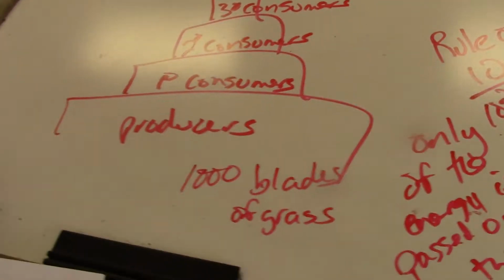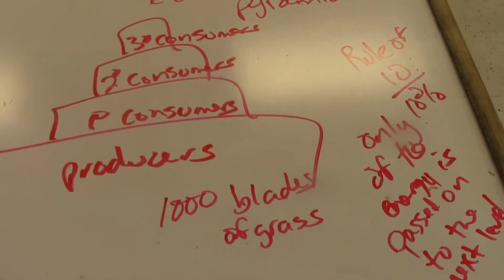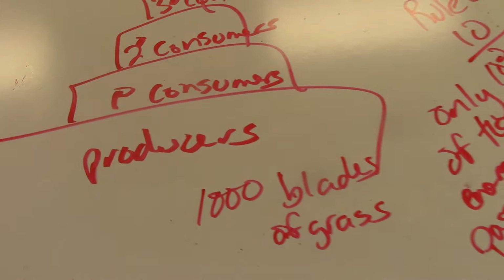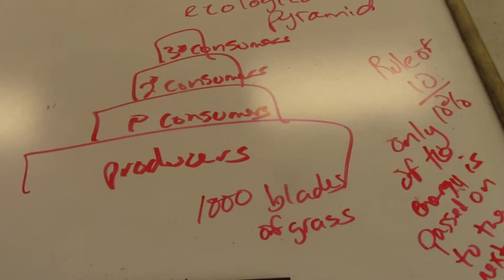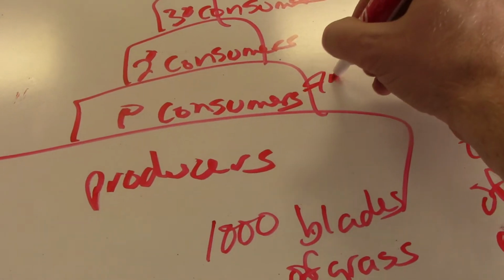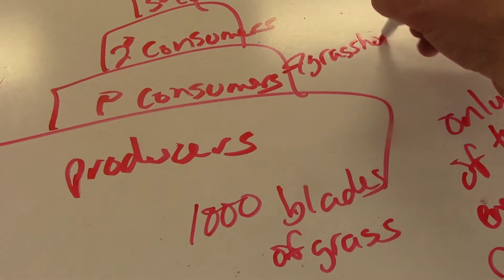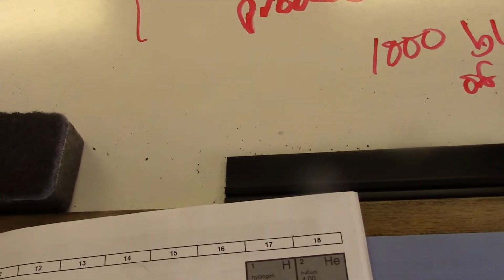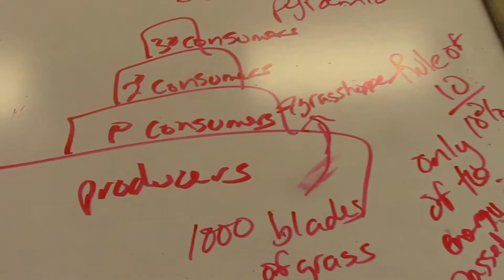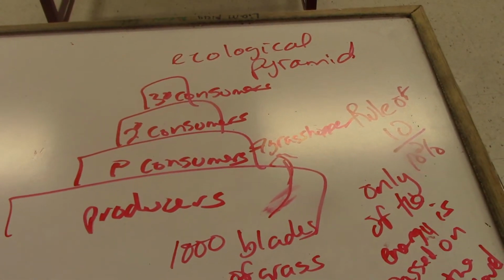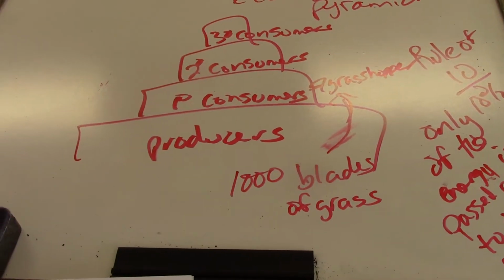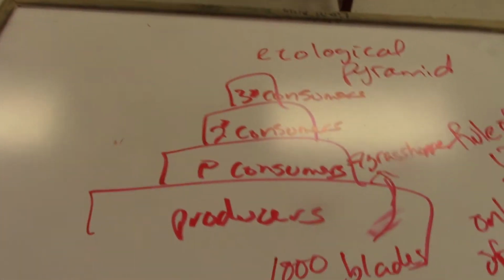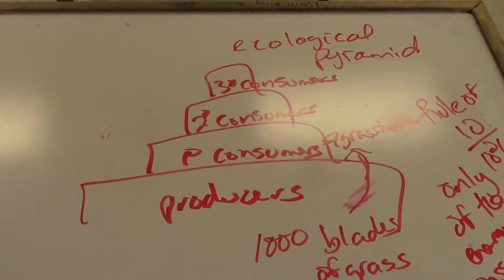So we lose 90% of all of this energy that's produced by the producers when we go to the next stage. When we look at a consumption pattern here, this would be like a grasshopper that would eat grass. Energy always goes up the food chain and never goes down. Because we lose 90% of this energy, there's only going to be 10% of the biomass here, or 10% of the weight taking up living organisms.